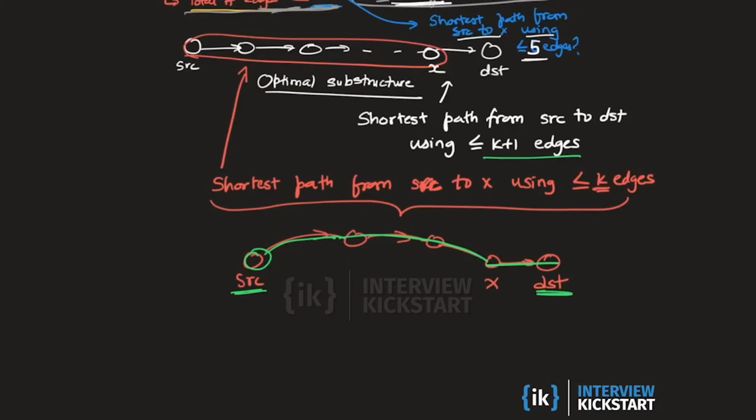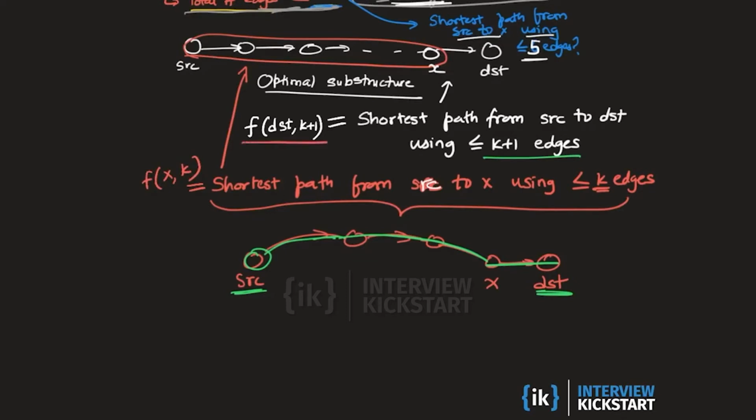So this means the prefix, the red prefix, must be the shortest path from the source to x which uses less than or equal to k edges. So if I call this value f of destination comma k plus 1, then this value can be written as f of x comma k.